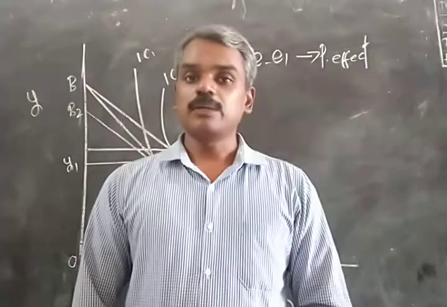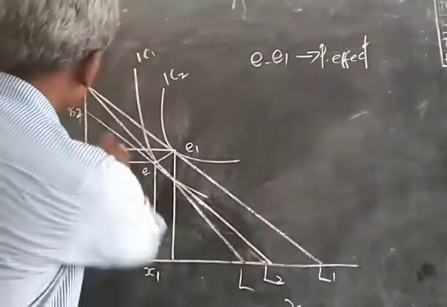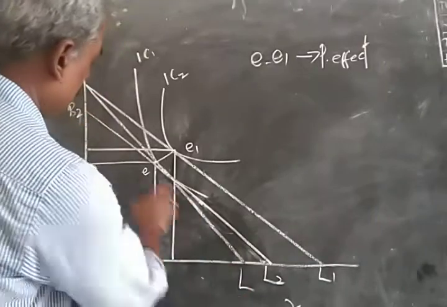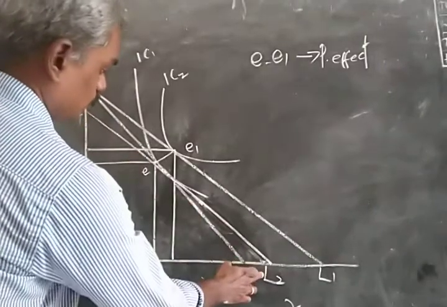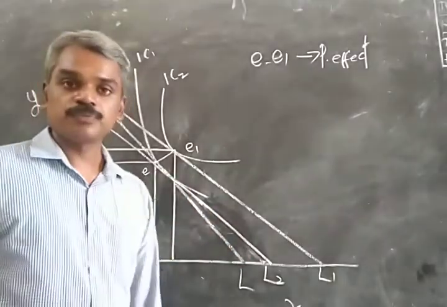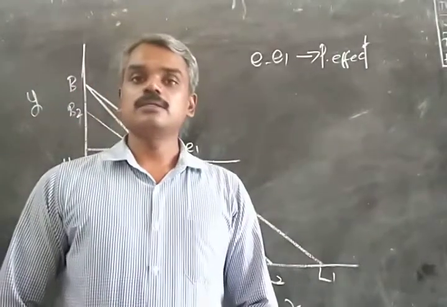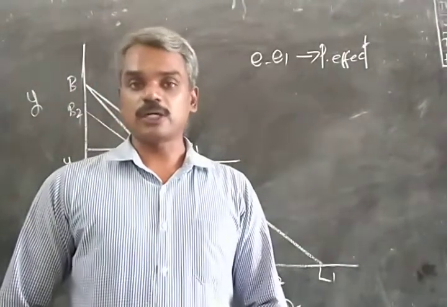X has become relatively more attractive. Now we can compare the two budget lines BL and BL2. Here, the slope of BL2 is lower than that of BL, which means that X is relatively cheaper and more attractive.